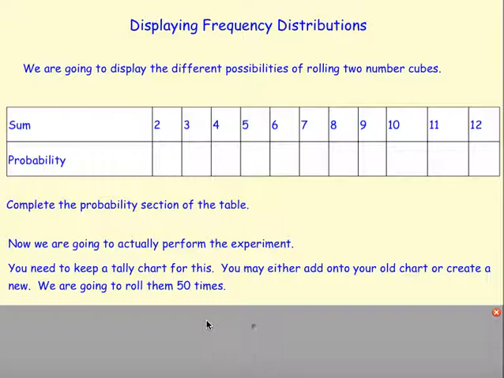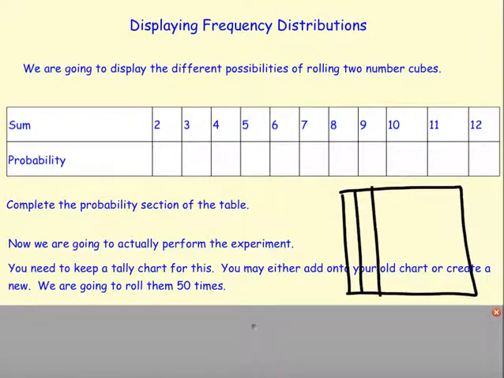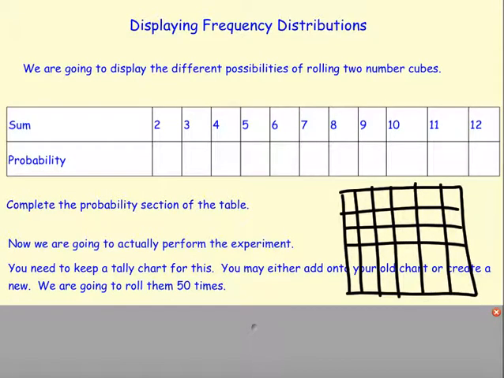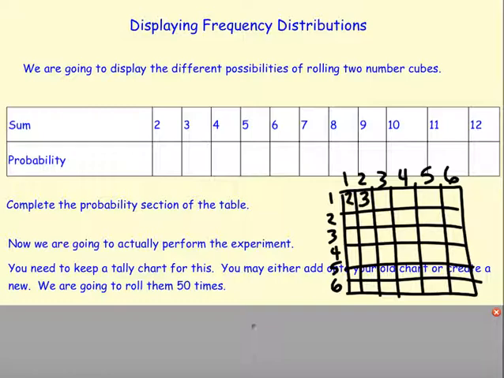So what we should probably do is figure out what the different ways are that we can get each of these sums. So we need to make a chart with all of the different sums that we could get. We could get a 1, 2, 3, 4, 5, or 6 on the first number cube, and 1, 2, 3, 4, 5, and 6 on the second. We go through and add them up: if I get a 1 and 1, a sum of 2, sum of 3, sum of 4, sum of 5, 6, and 7.